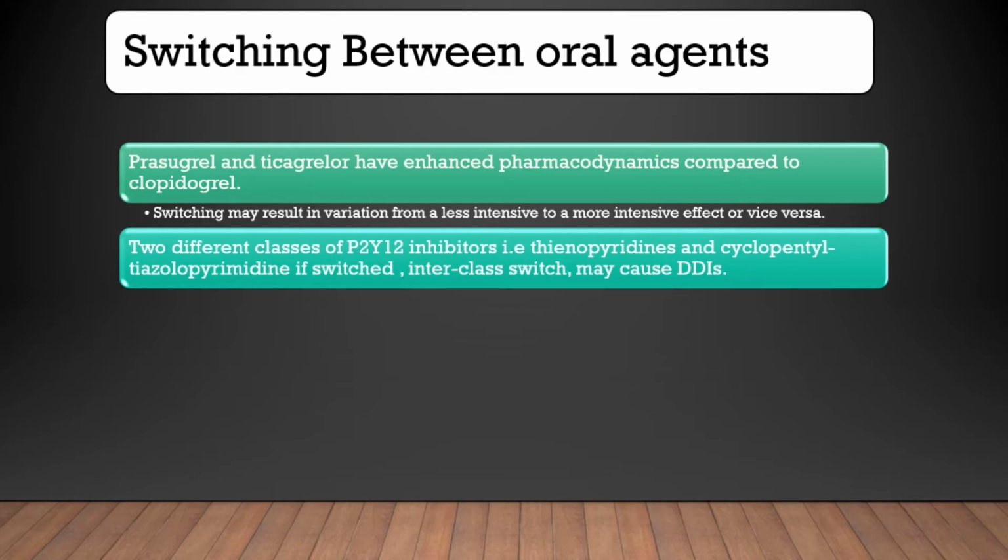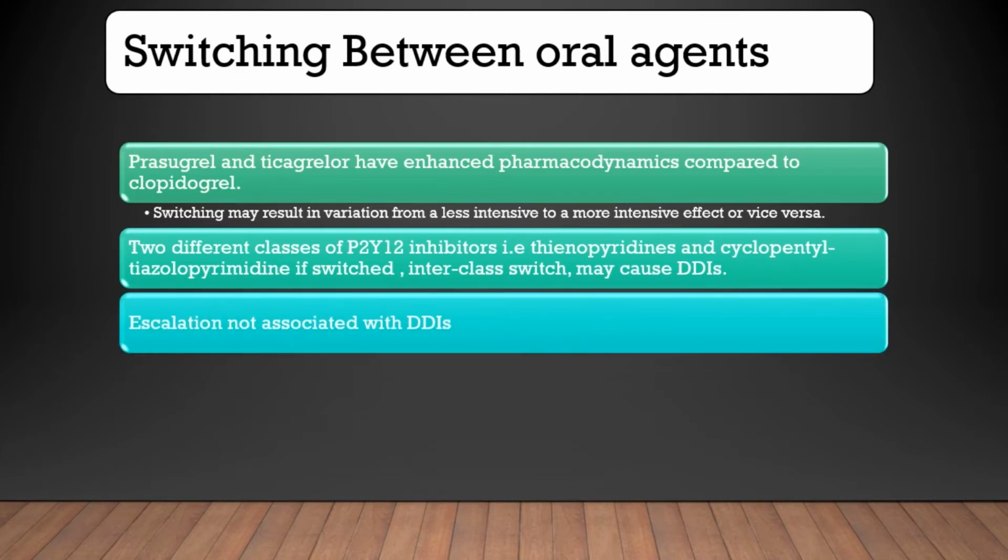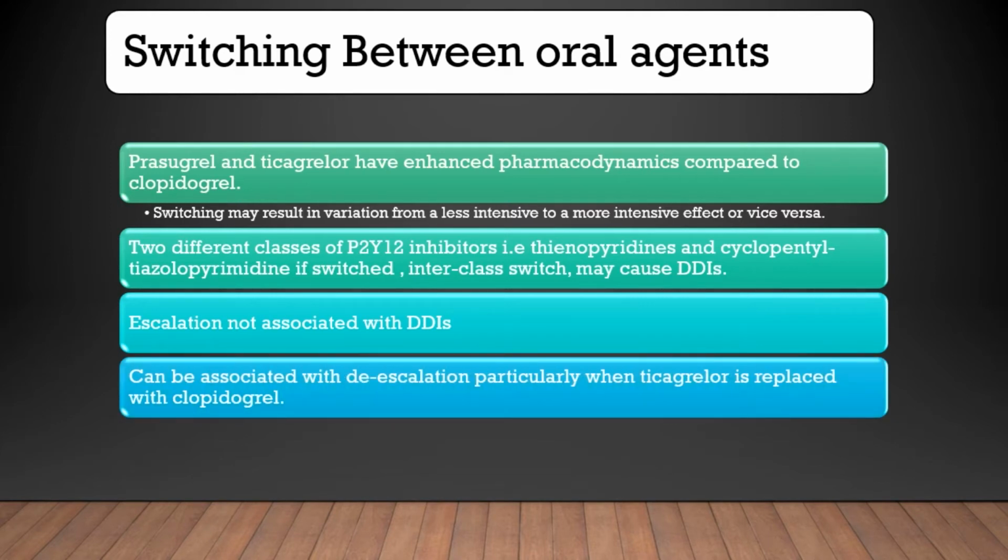If these are switched, this is referred to as interclass switch, and this may also result in drug-drug interactions. Generally, escalation is not associated with drug-drug interactions, but can be associated with de-escalation, particularly when ticagrelor is replaced with clopidogrel.